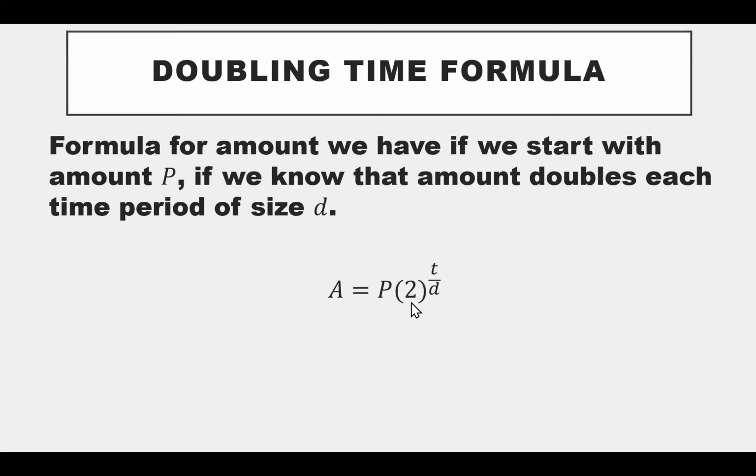Hopefully that makes sense. Doubling means we multiply by 2. So if we double every 7 years, we put d as 7, and then once t hits 7, that's a multiplication by 2. Once t hits 14, that's a multiplication by 2 squared, and so on and so forth.